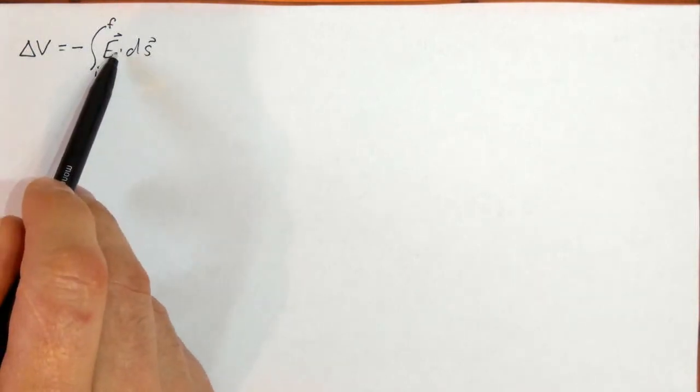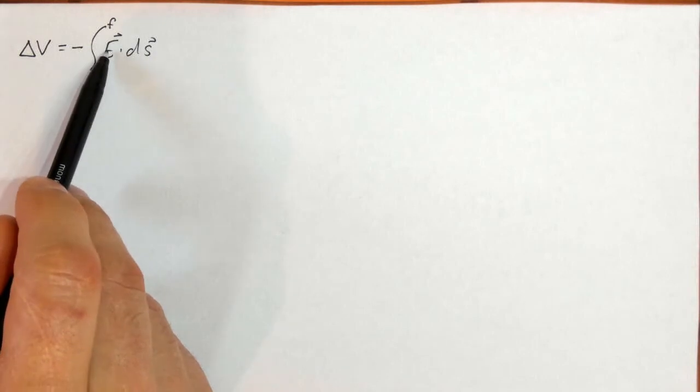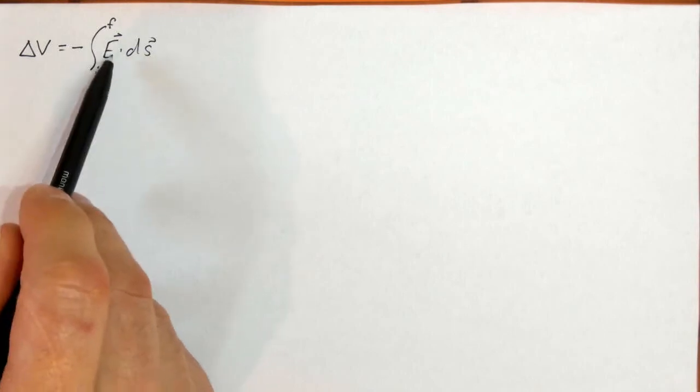If E is perpendicular to delta S, knowing that E dot dS means finding the component of E in the direction of S, it means that's zero.